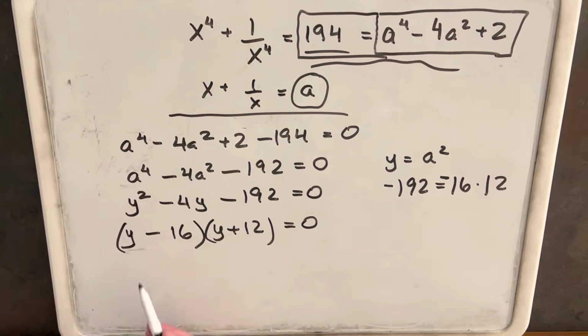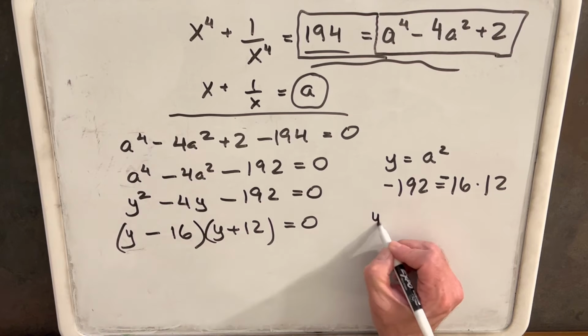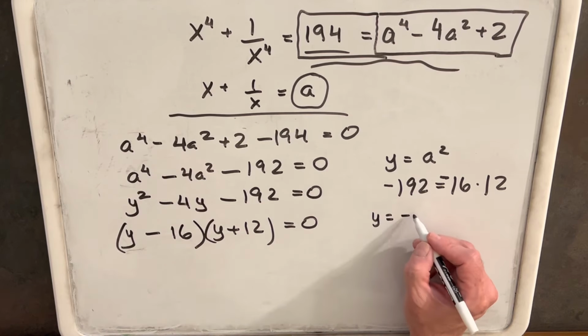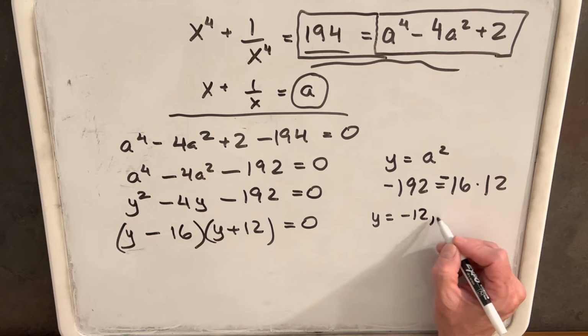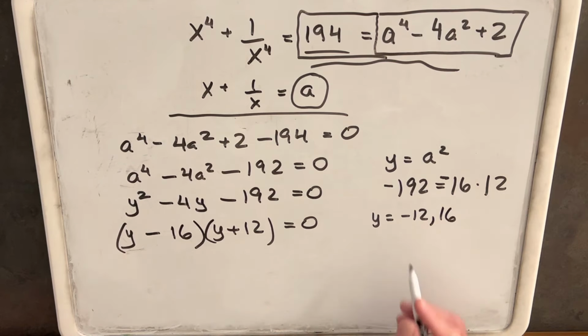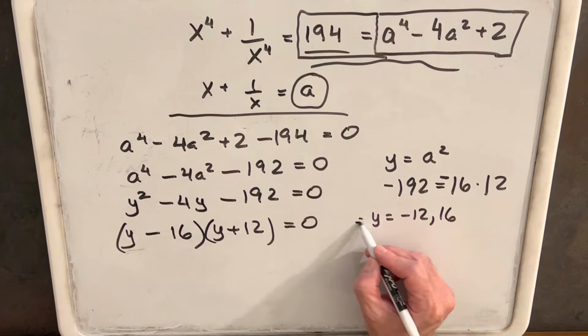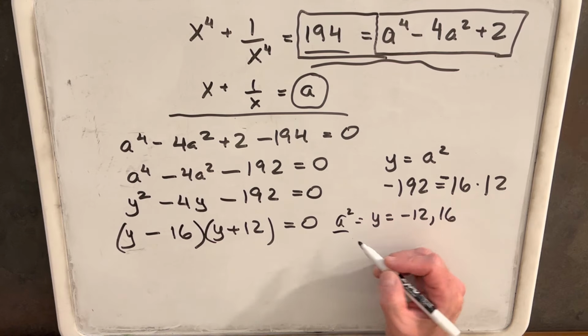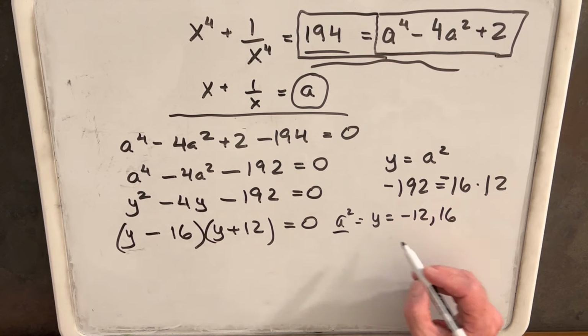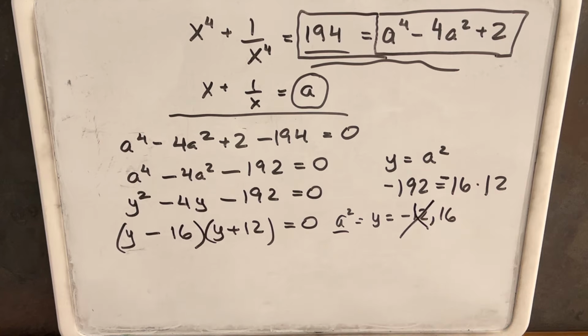Okay, so now you can see we're going to have 2 roots for y, minus 12 and 16. But remembering that y is a squared, y can never be negative. So we're going to reject this root and just look at 16.